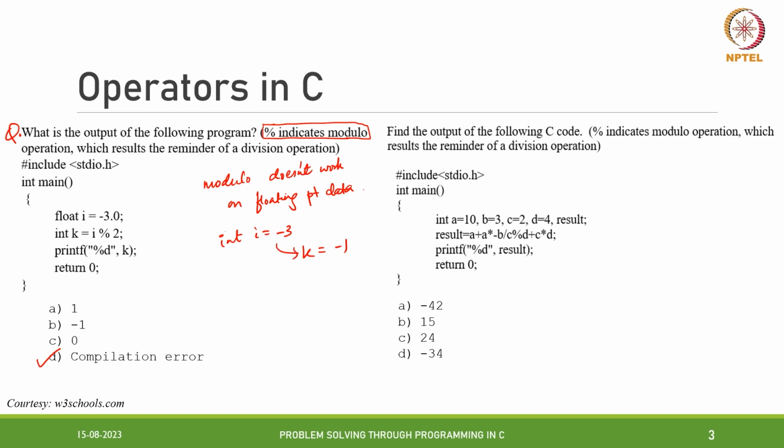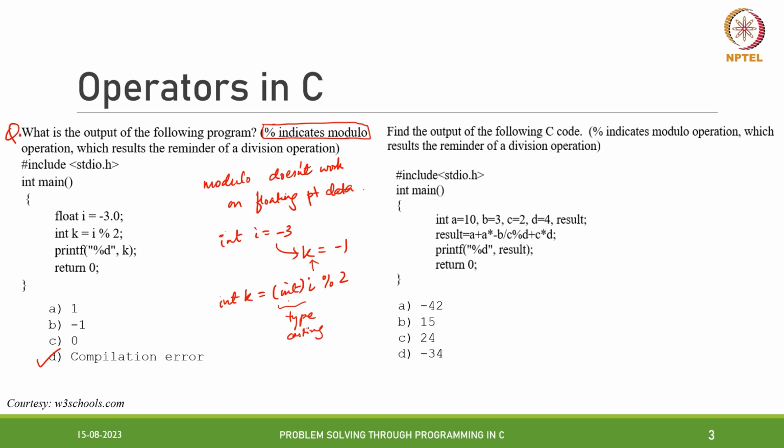Or when you're writing int k, you have to typecast this I into integer forcibly. Then it will change minus 3.0 to minus 3, and then do a modulo 2, and this will still lead you to this. So this operation is called typecasting.